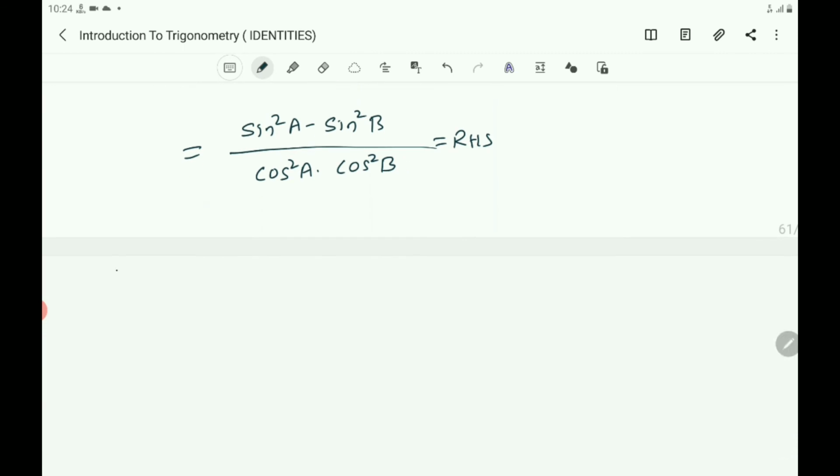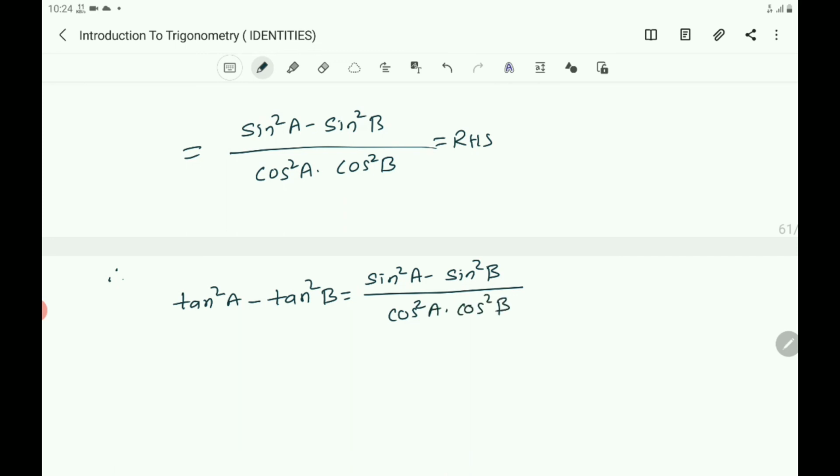Therefore, tan square A minus tan square B equals sin square A minus sin square B divided by cos square A into cos square B. We got the result.